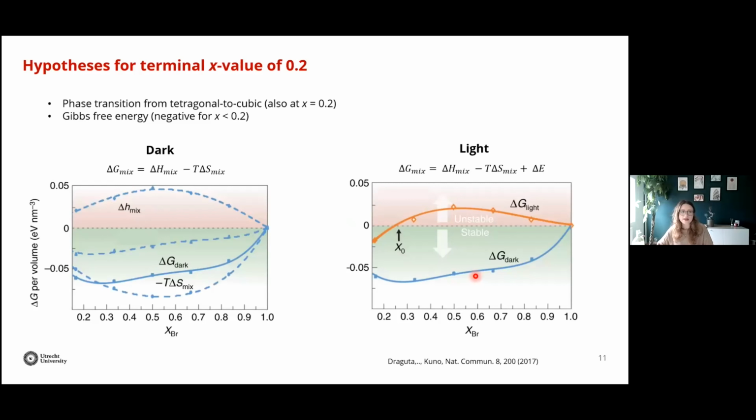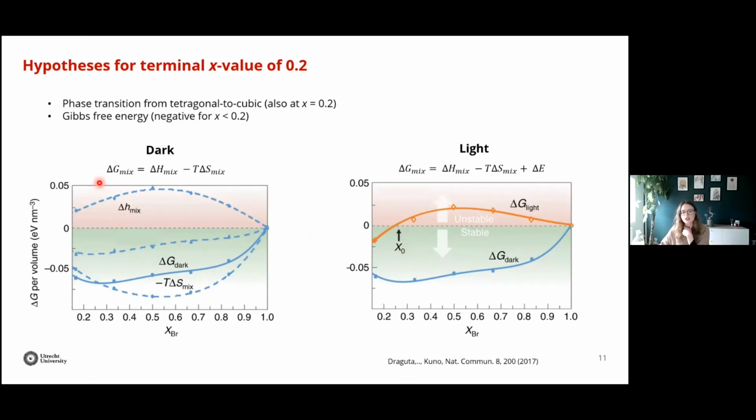And a second hypothesis was more related to strain in a way, and related to the Gibbs free energy of mixing. So the idea was that in the dark, this delta G was negative for all the compositions, so basically no phase segregation. But then when you have light, you have a positive delta G above this 20% bromide incorporation.